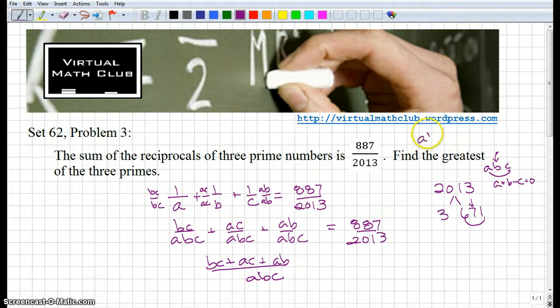Say we have A, B, C, D, E, a 5-digit number. Then the same thing holds. We can add the alternate digits. So in this case it would be A plus C plus E and subtract the sum of B and D. Okay, and if that's equal to 0 or a multiple of 11, then the whole thing is divisible by 11.